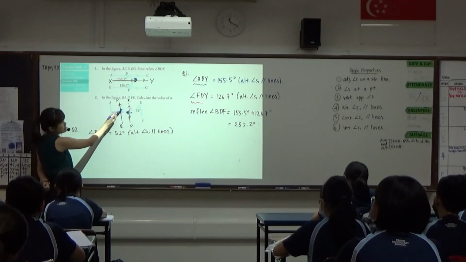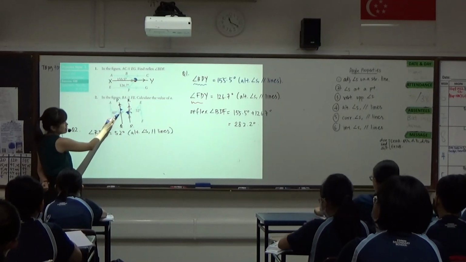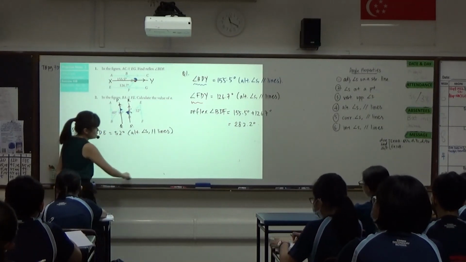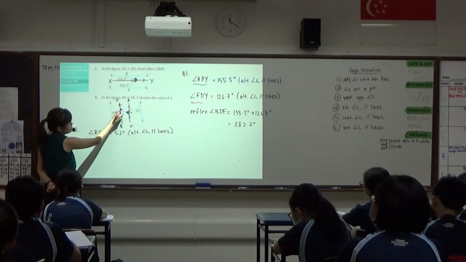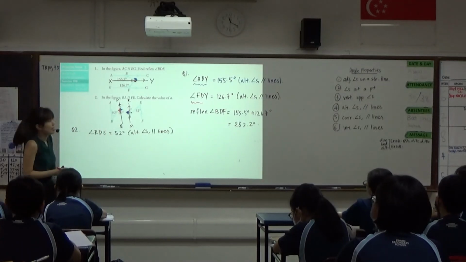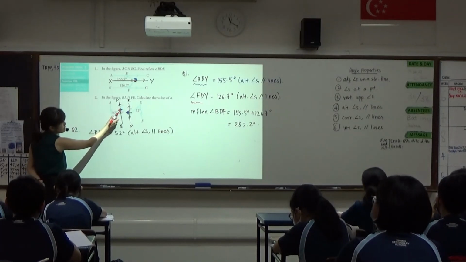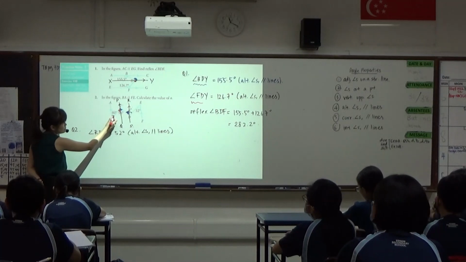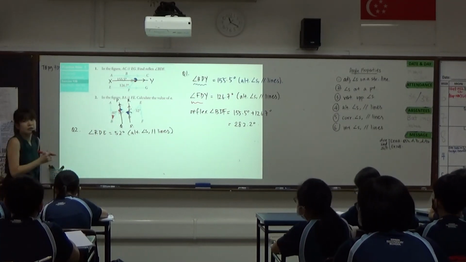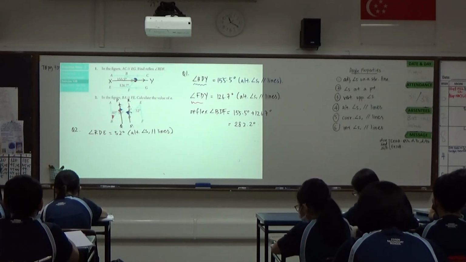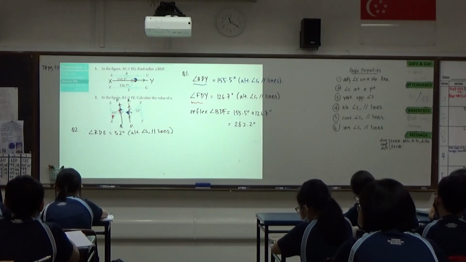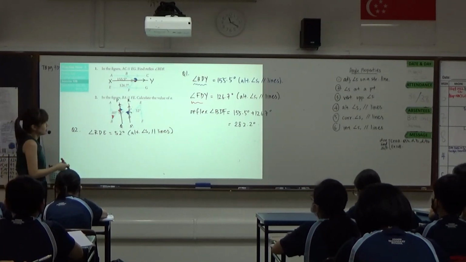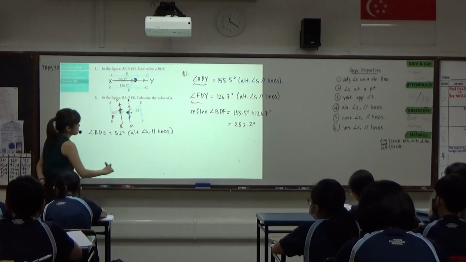I can only find this blue angle if I get 96 degrees minus away this red angle over here. And this red angle, based on alternate angles parallel lines, equals 40. So I hope that you can follow how I'm planning my answer before I write down anything.